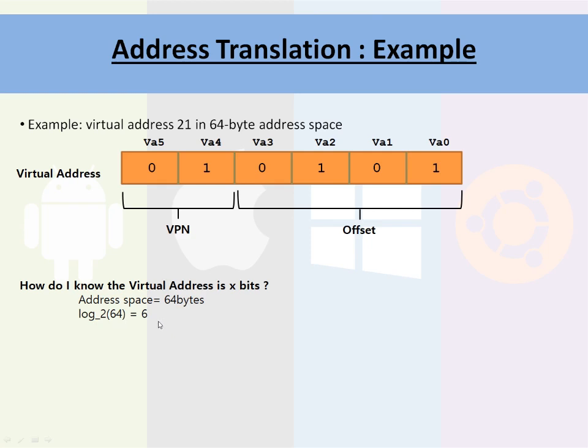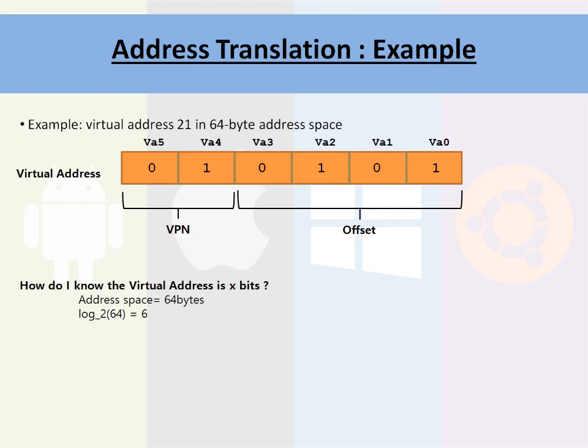And if you want to see why this works, if you take 2 to the power of 6, you'll get 64. Okay? And that makes sense, right? Because we want to store 64 different values in the lowest amount of bit space, or the smallest bit string possible.